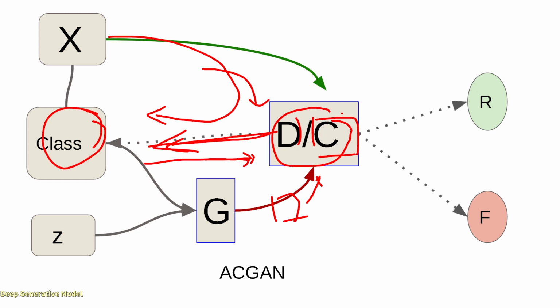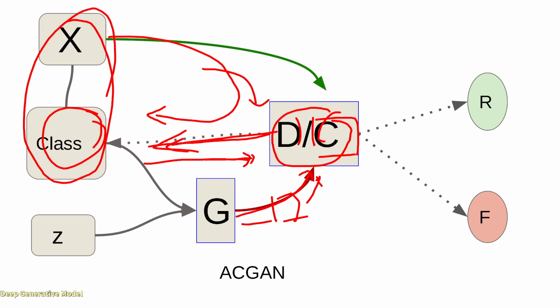That's for sure. But for the classifier, we only need the real data, because that's all we need. For the generator, in addition to cheating the discriminator, it also has to align with the classifier. You can say that it has to achieve a high score from both the discriminator and the classifier.